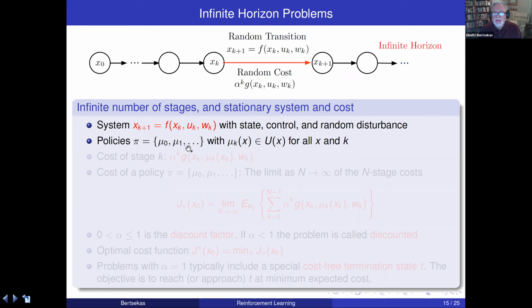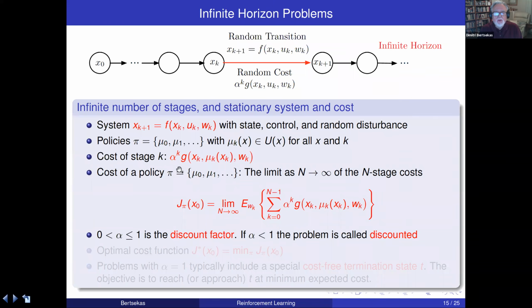We use policies, which have to obey a certain constraint that again does not depend on the stage, it's stationary. And the cost of the stage involves this parameter alpha here, which is called the discount factor. The cost of a policy is the limit of the n stage costs. So we look at the n stage costs and we take the limit as n goes to infinity.